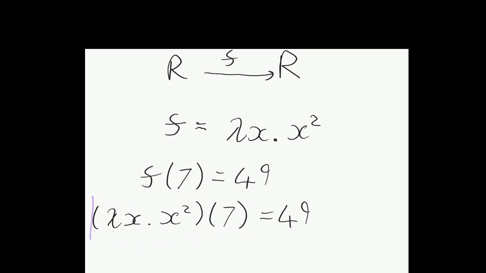The way that we work this out is we simply take the input, which is the thing in brackets to the right, 7 in this case, and we use this as x. So with the expression lambda x dot x squared, we take what we're operating on, which is the thing on the right, and look at the thing after the dot and replace all the instances of x with this input, okay?